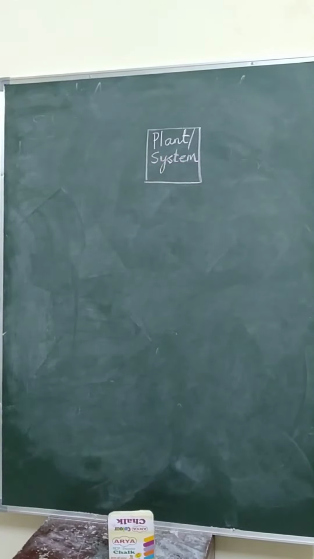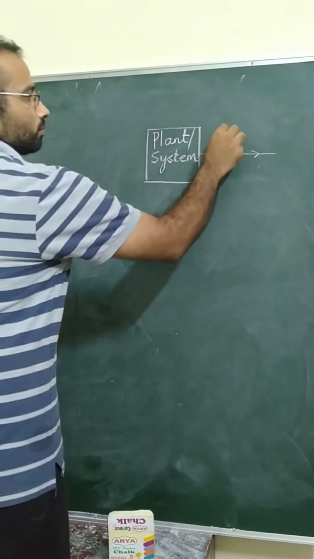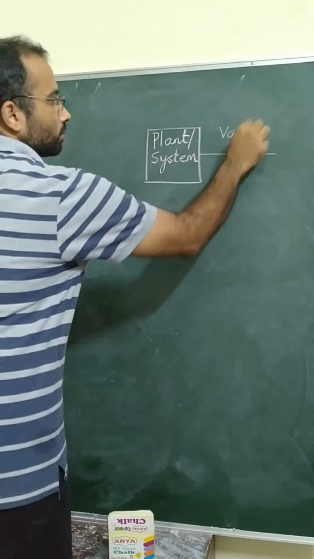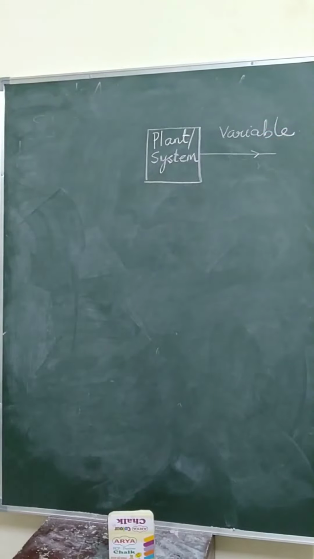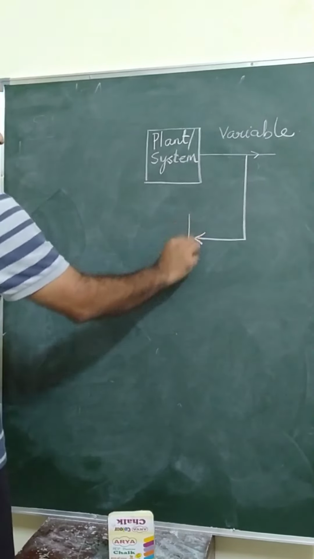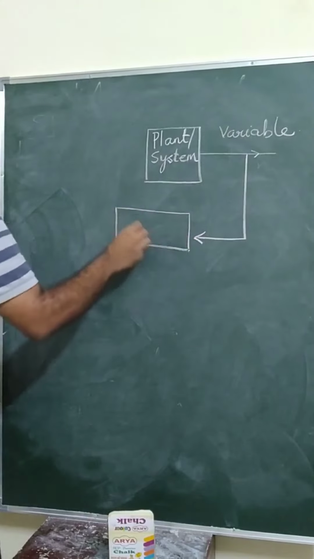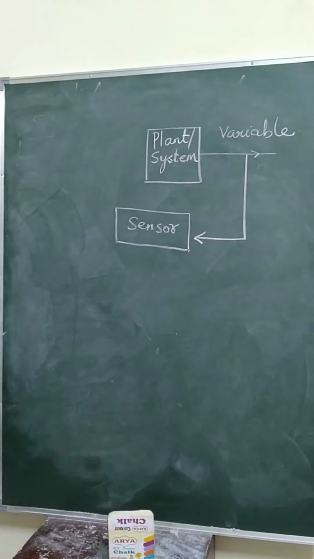From the plant you get a variable out of the system, and this variable is sensed by the sensor, the sensor which senses the output of the plant.